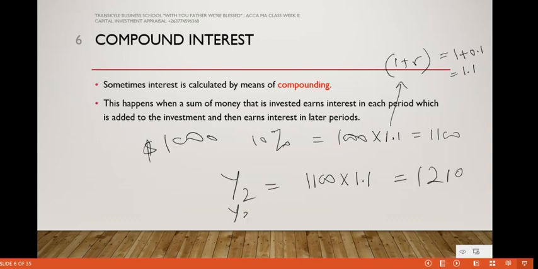In year 3, again, you're going to get your 10% on top of the 1,210, and you are going to get 1,331. So that's how compounding works.